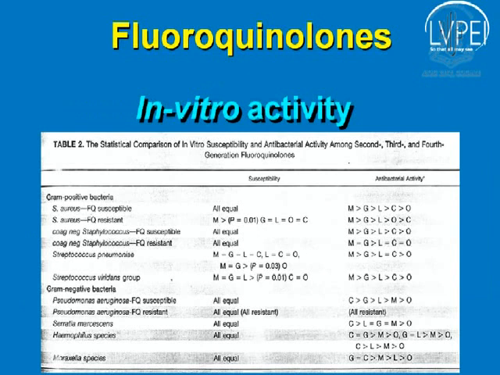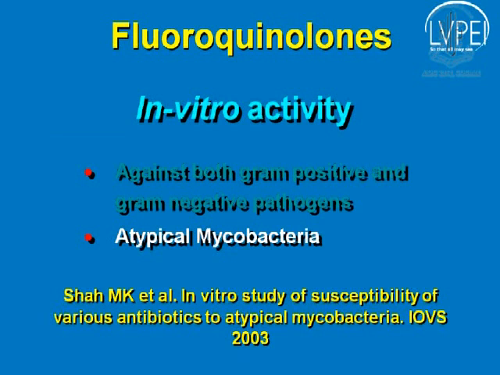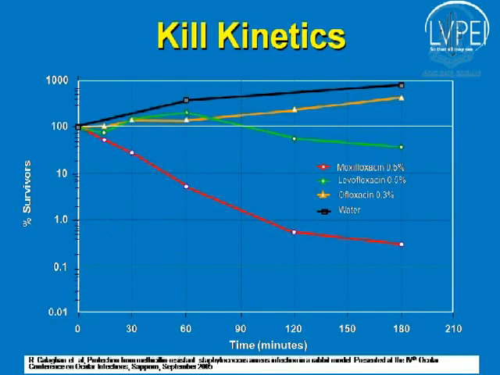They showed that these molecules were having better activity as compared to first generation fluoroquinolone against gram-positive organisms. They were having activities even against organisms which were resistant to first generation fluoroquinolones. These molecules were found to have much better activity even against atypical mycobacteria, were found to be more susceptible or superior activity against quinolone resistant organism, and were found to have much better kill kinetics as compared to other antibacterial agents.